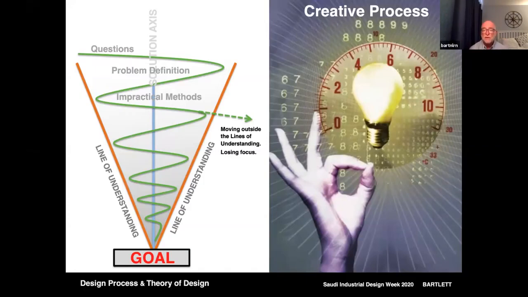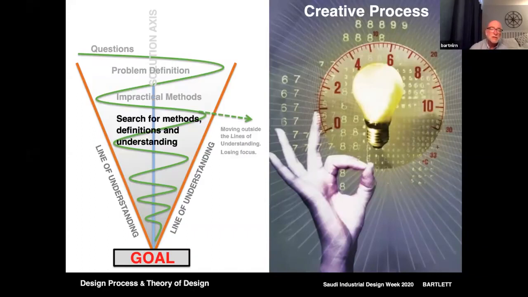We lose the focus of what the solution or the design problem might be. So let's look at these lines of understanding perhaps as boundaries, guardrails, a fence, walls, something that keeps us somewhat focused. Otherwise, we get outside of this and then we begin to lose sight of the actual problem here.